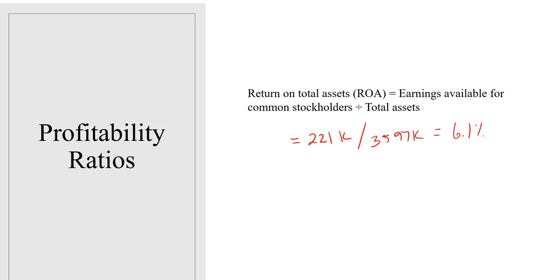In isolation, this doesn't really mean a lot. It is useful when compared across the company itself and across industry. It allows us to determine if the company is using its assets efficiently and how efficiently they're using it. Basically, how much profit are they earning from the assets under their control.